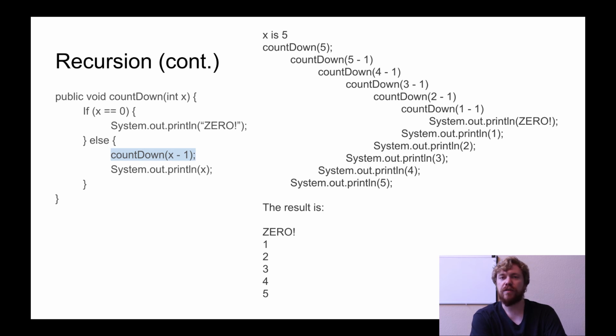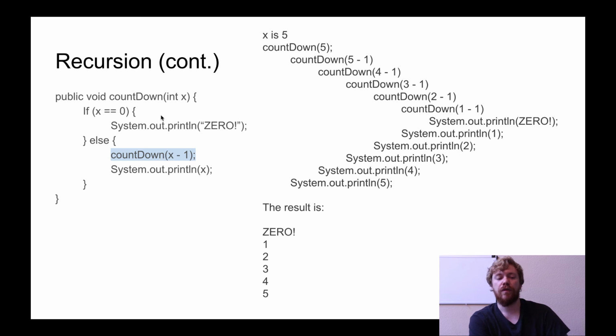And you can also imagine this in terms of the stack, right? The initial call put x onto the stack, where x is equal to 5, and then the second call to countdown put another x variable onto the stack, but in this case its value was equal to 4, and then another x variable onto the stack whose value is equal to 3, and so on and so forth until eventually you get to the point where x's value is 0.